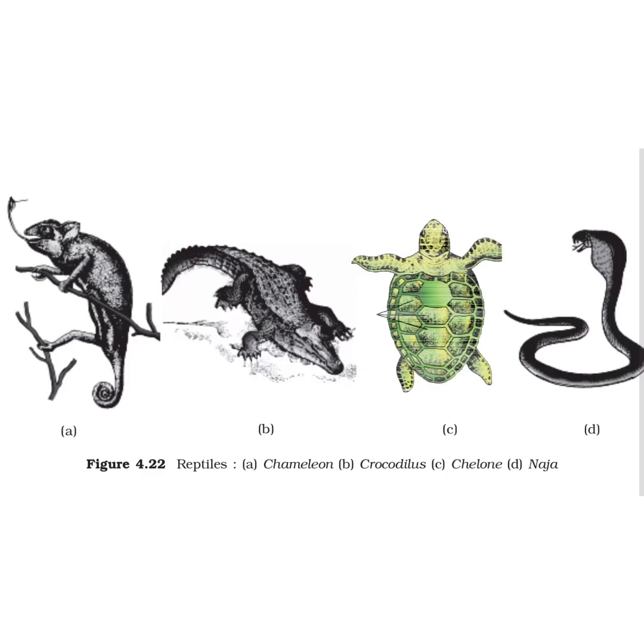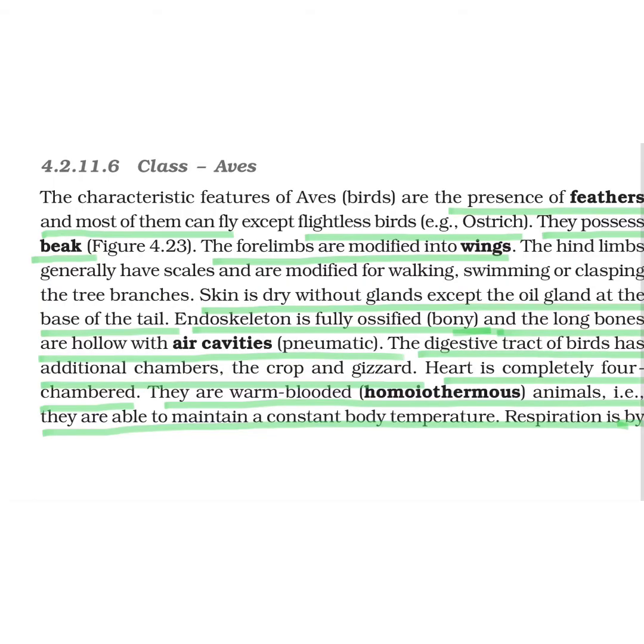But one thing I want to tell, if this question is asked regarding the characteristic features of any phylum or class, then maximum you have to quote 3 to 4 examples in each phylum or class. Okay, all examples are not compulsory to write.